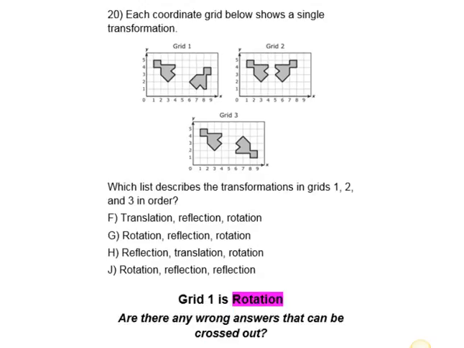Since we know that grid 1 is rotation, let's find out, are there any wrong answers that can be crossed out? And again, this is very important. As soon as you can determine which answer choices are wrong, go ahead and cross them out, because that increases your chance of getting the correct answer.